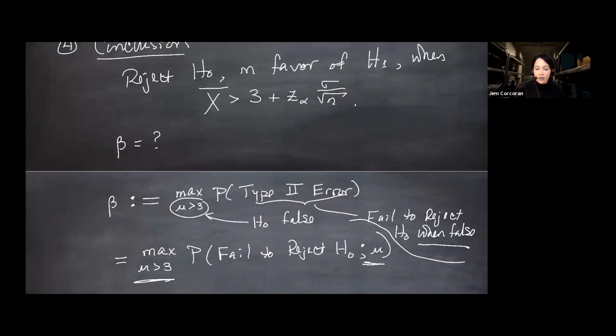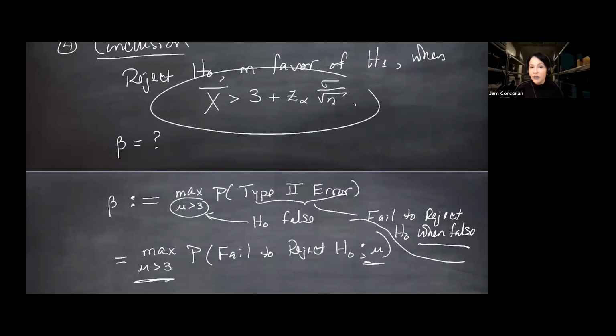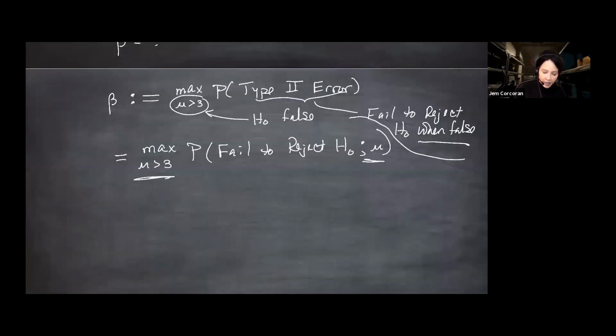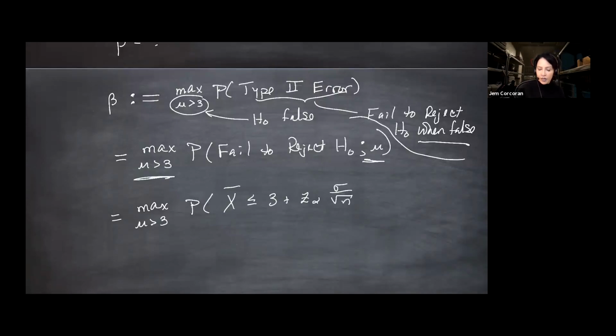Okay, so our rejection rule is right up here. So I'm going to fail to reject whenever x bar is less than or equal to that number. So I can continue down here and write this as the maximum over mu greater than 3. The probability x bar is less than or equal to 3 plus z alpha sigma over the square root of n when the parameter is mu.